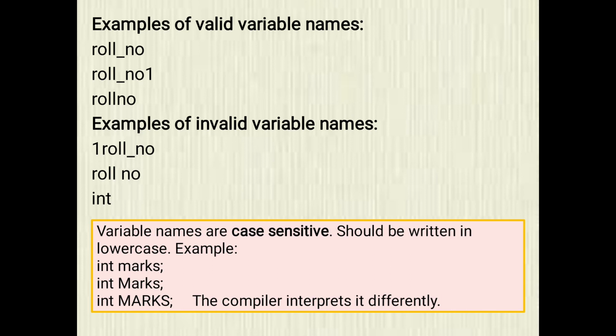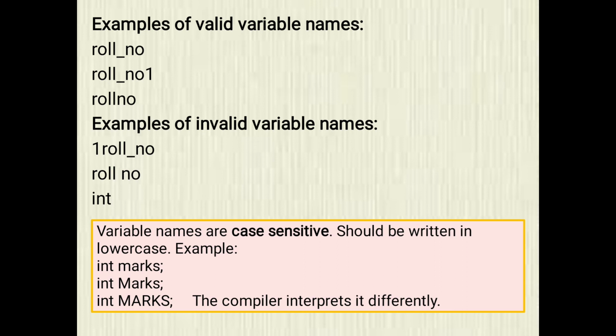Okay, so variable names are case sensitive, that is, as far as possible, variable names should be written in lowercase. Notice that I've written roll number with R in lowercase, that is, in small letter. Here is an example in terms of case sensitivity.